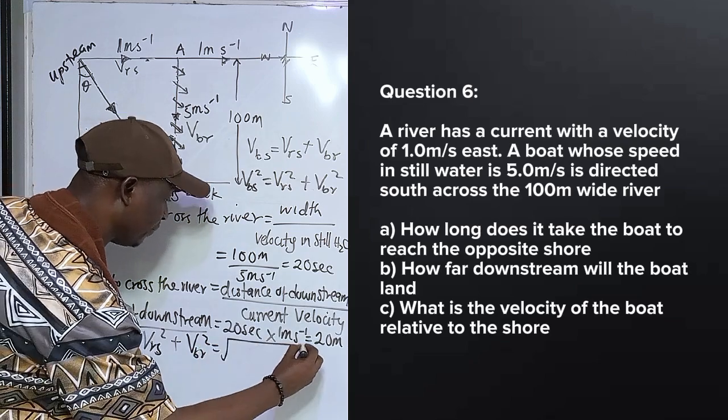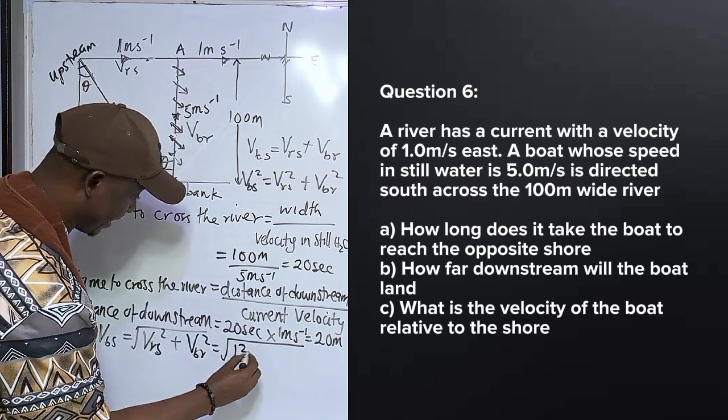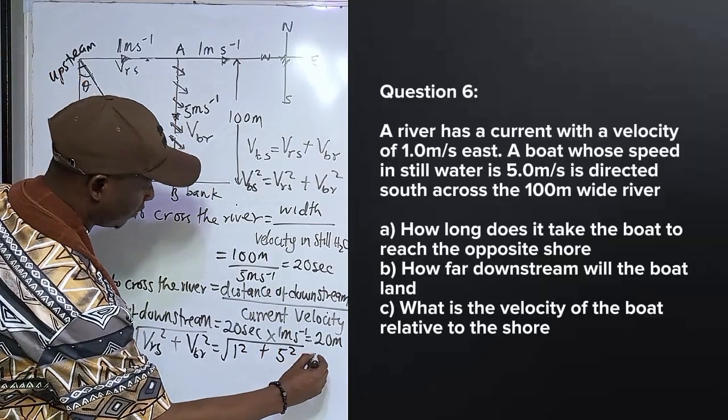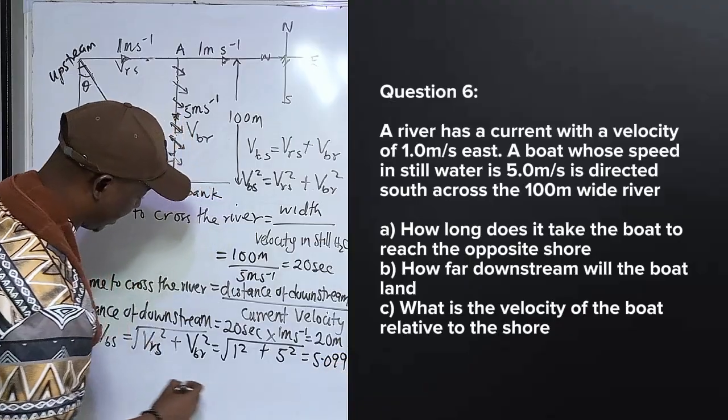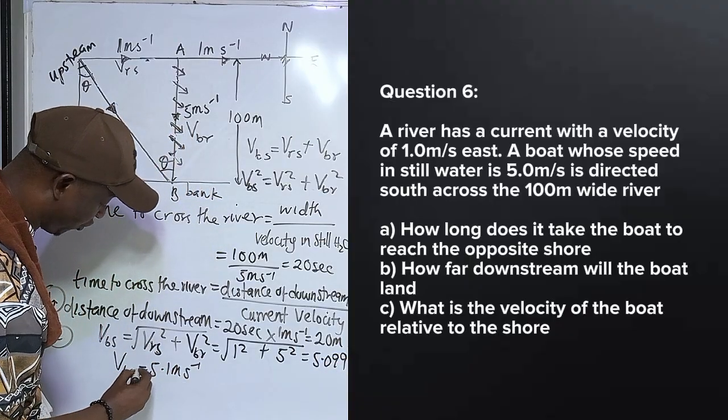Let's put the parameters there. VBR squared is 1 squared, plus 5 squared. What do you have now? 5.099. You can say VBS is equal to 5.1 approximately.